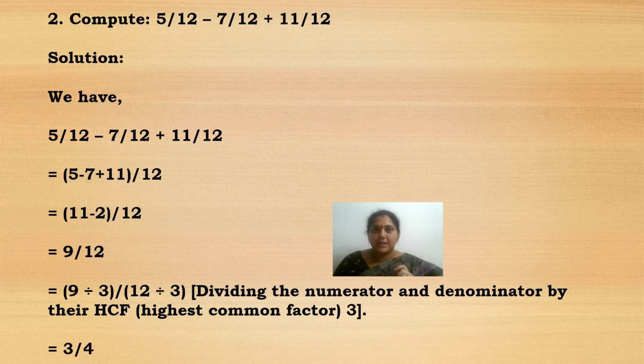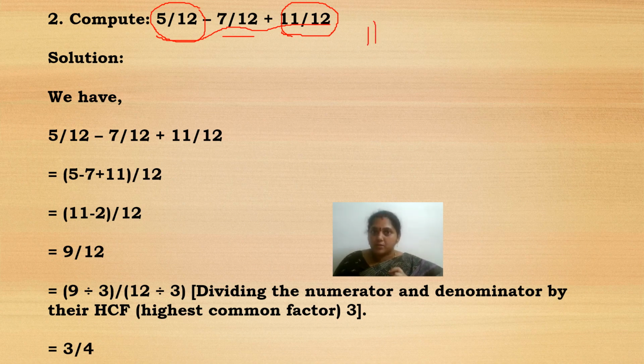My example is 5 by 12 minus 7 by 12 plus 11 by 12. If you observe your question here, 5 by 12 is a positive number, 7 by 12 is a negative number, and 11 by 12 is your positive number. What do you have to do here? Now add 11 and 12. So 11 by 12 plus 5 by 12.